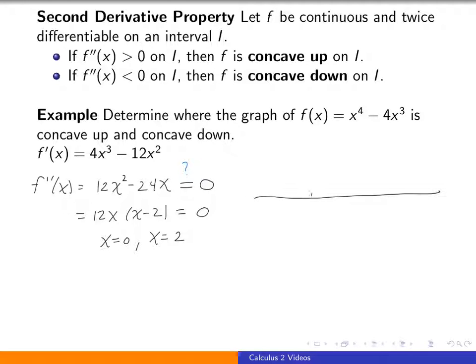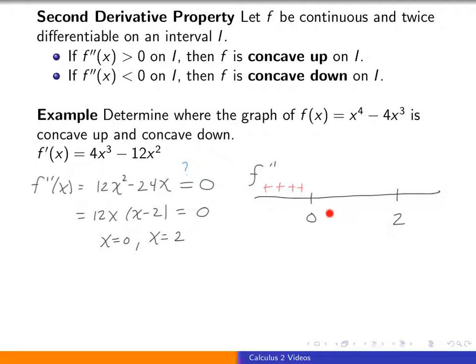So we now make a number line, and we're thinking, what is the sign of the second derivative between the zeros and outside of the zeros? So now let's just talk our way through it. If I think of plugging in an input just to the left of 0, so think something like maybe minus 1, you would have minus 12 times minus 3. A minus times a minus will make f double prime positive.